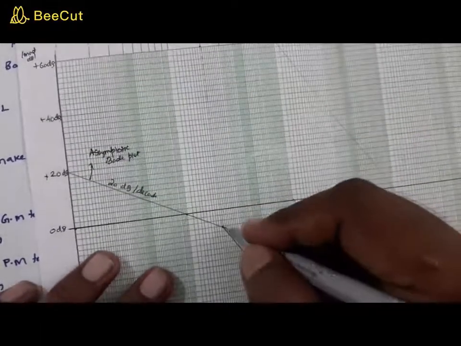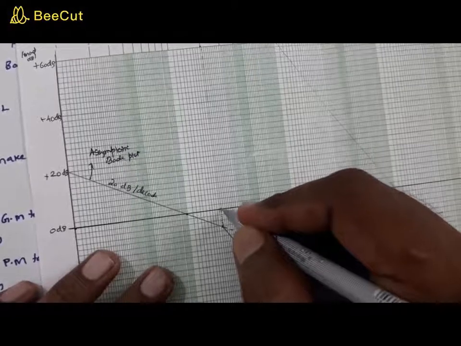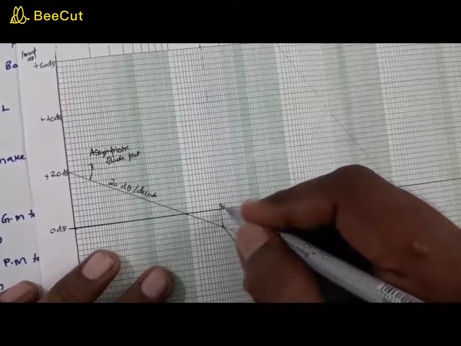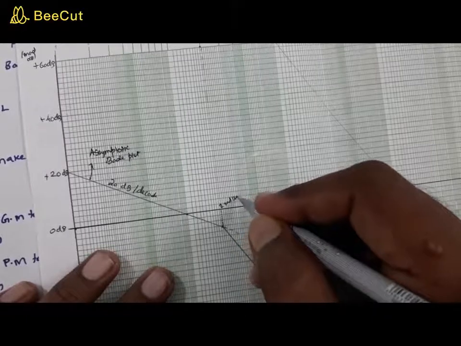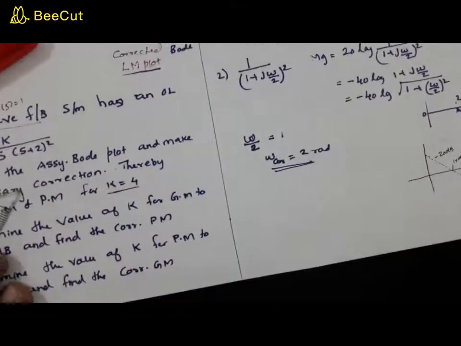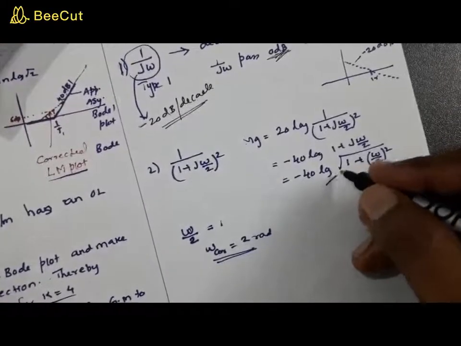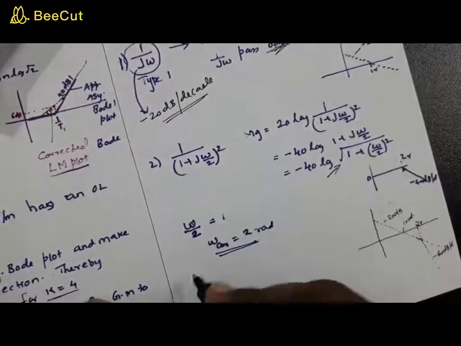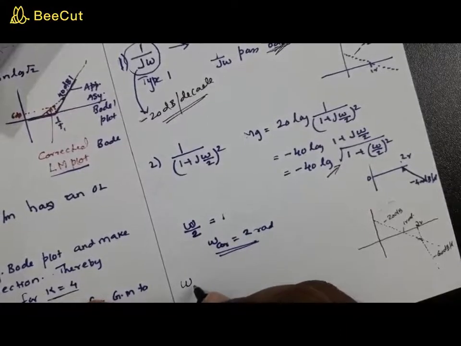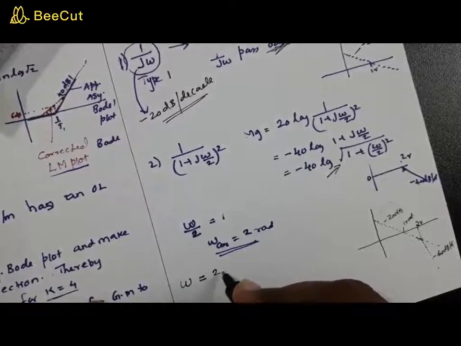And we know that there is only one corner frequency, that is at 2 radians per second. Now we need to make the necessary correction. Now the question is how to make the necessary correction. To make the correction, you need to use this expression, and in that expression we put omega to be 2 radians per second.